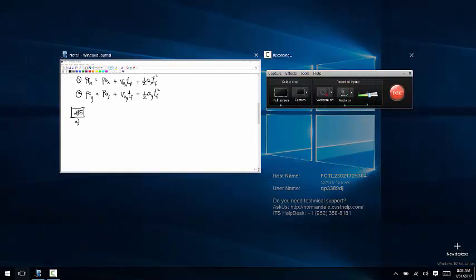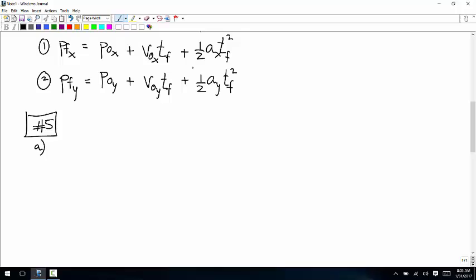So let me draw a couple of these. A vector to the right plus a vector up.